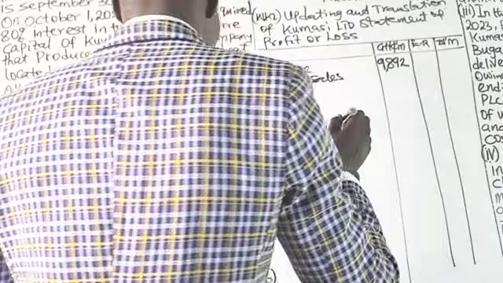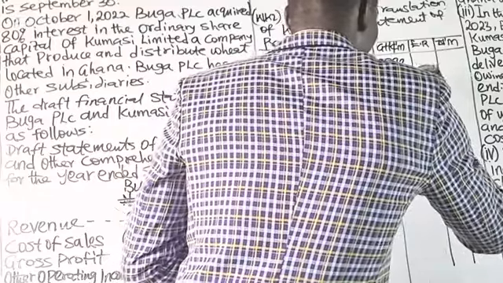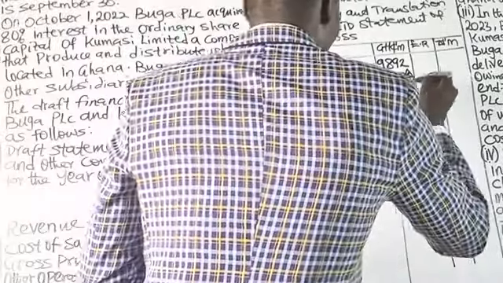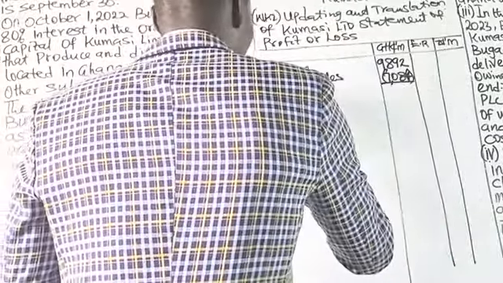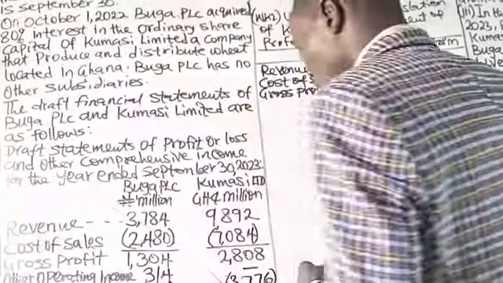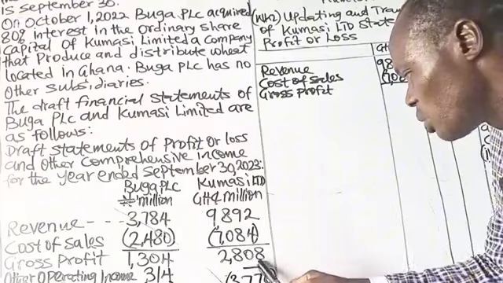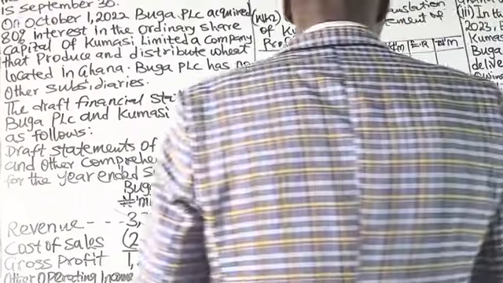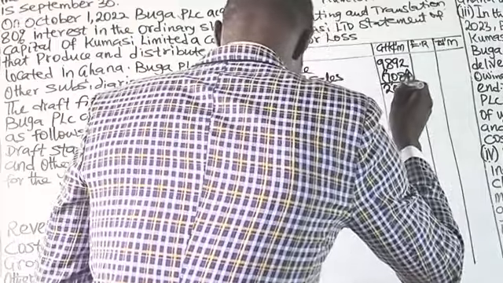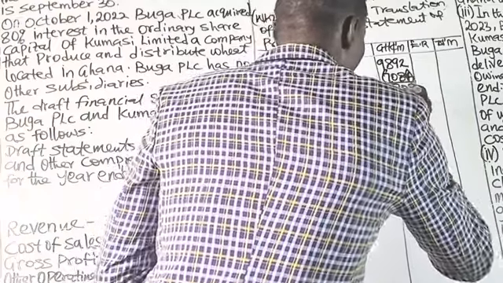Cost of sales of 7084. After cost of sales has been deducted, you arrive at gross profit. So the cost of sales is 7084, gross profit of 2808.